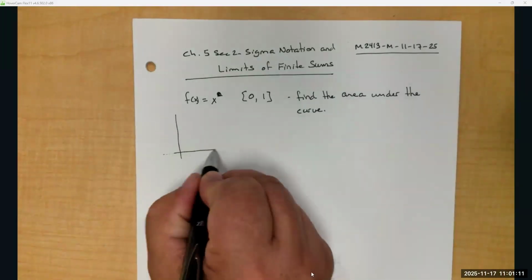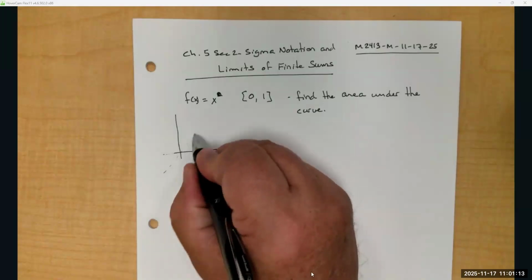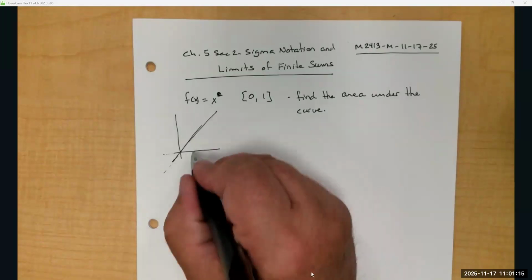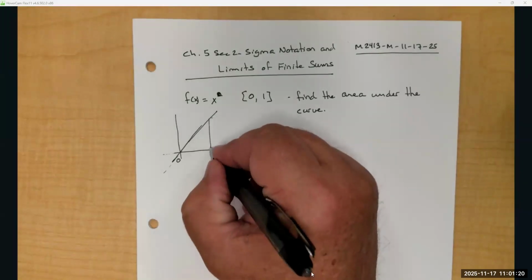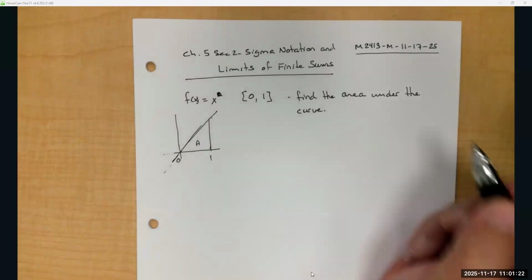Basically, what this is saying is I want to find this area here.